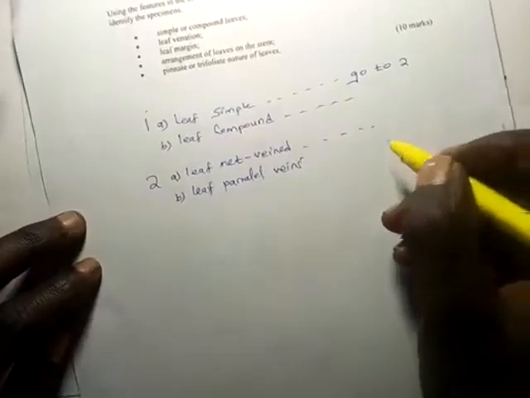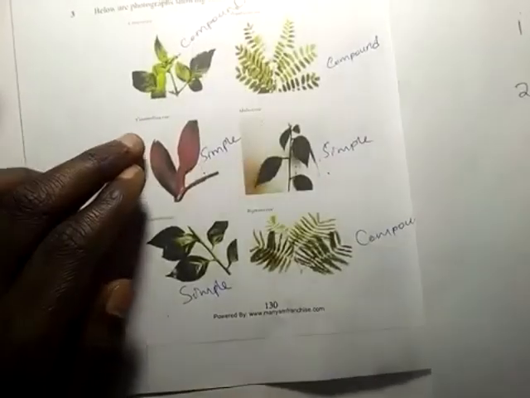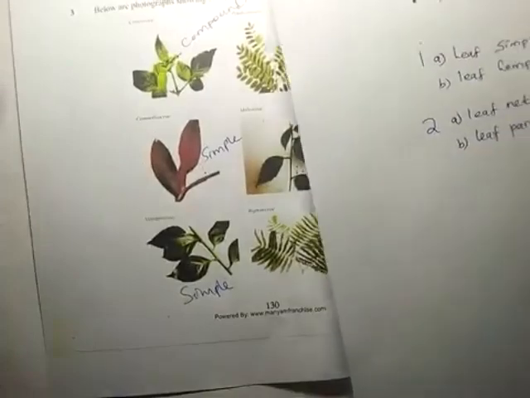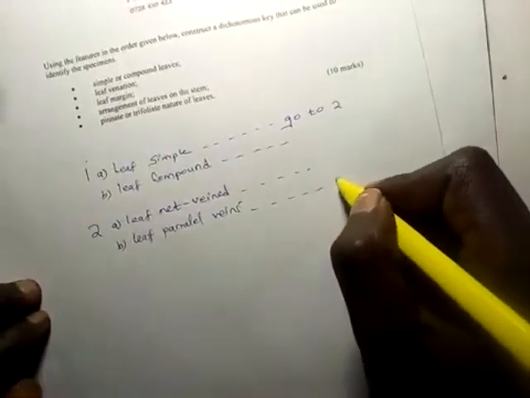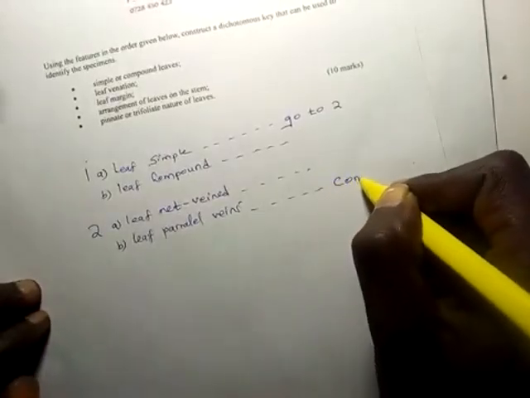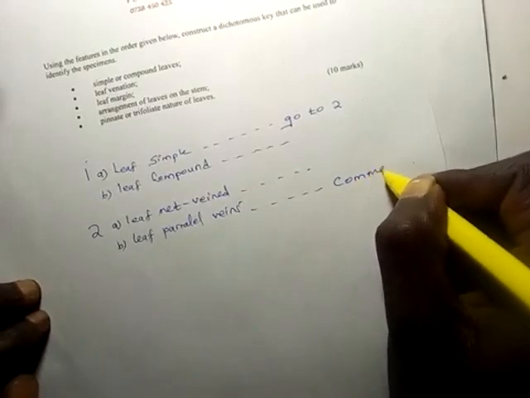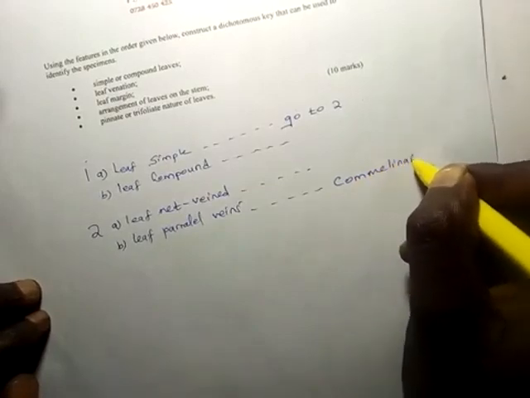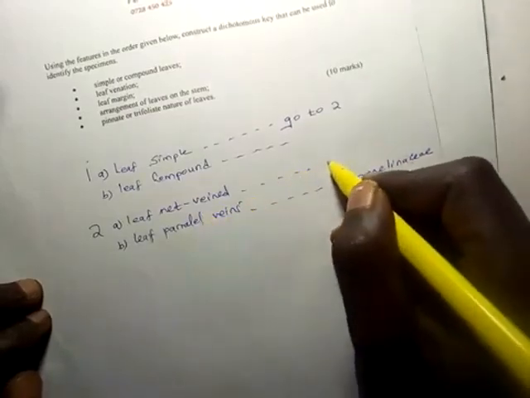Now we write the name of the leaf, which is the Commelinaceae. That is a scientific name, Commelinaceae. Now here, because there are 2, you say go to 3.